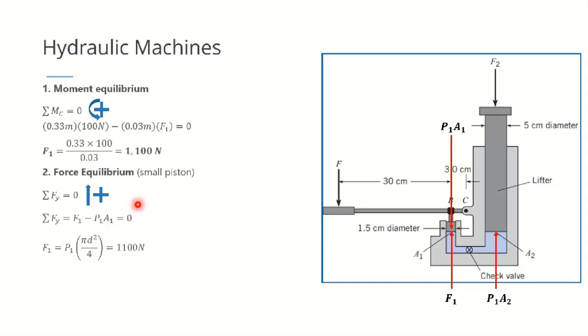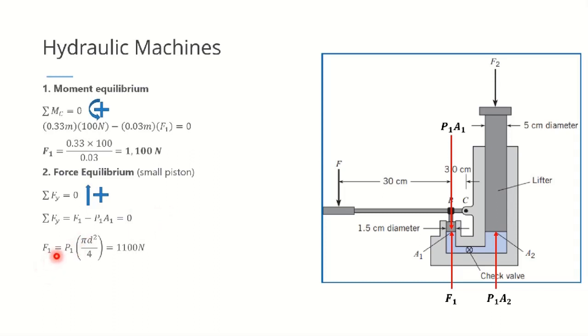Next is force equilibrium sa small piston. So, makikita nyo dito, pressure 1 times area 1 is equal to F1 dahil ang movement ng piston along Y is 0. So, forces upward is positive. So, we have F1 minus P1A1 is equal to 0.